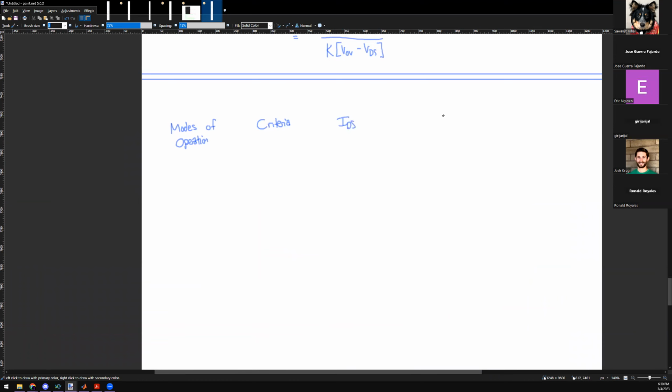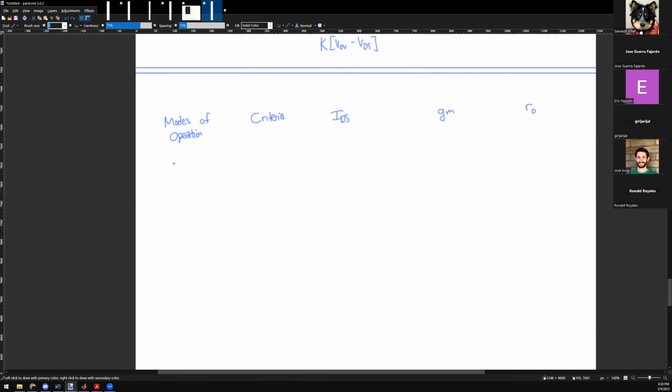Then we also need your GM and RO equations, and we are done, right? So the first region is going to be cutoff. The criteria is what? Anyone want to help me? Less than or equal to 0, yes? So VGS is less than or equal to VTH.